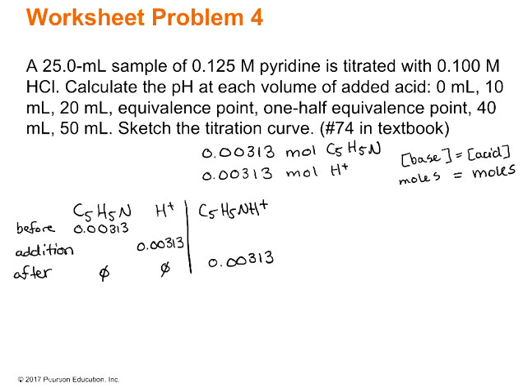And from that ice table, we can use the Ka value of the conjugate acid to determine what the concentration of hydronium ions is in solution. And then we'll use that to solve for the pH. Okay, so first things first, let's determine the concentration of the conjugate acid.